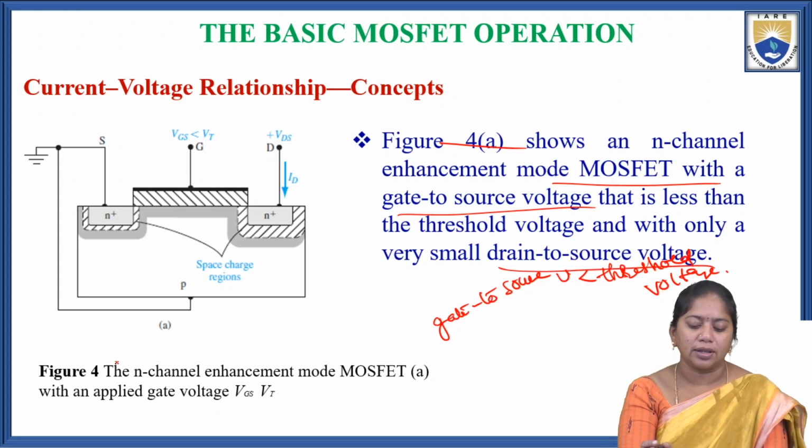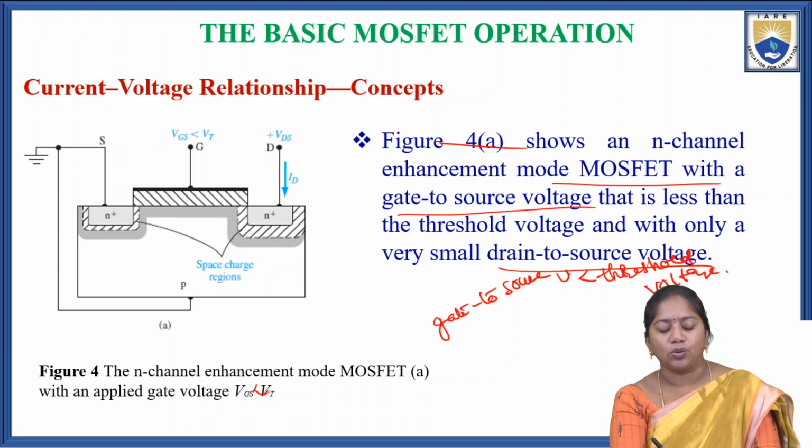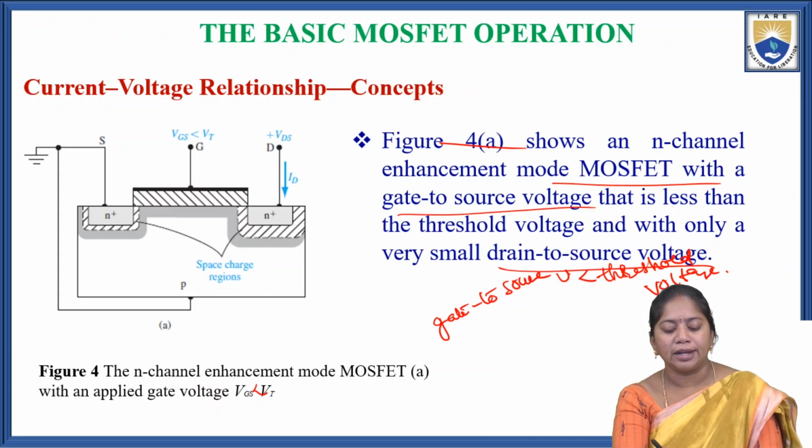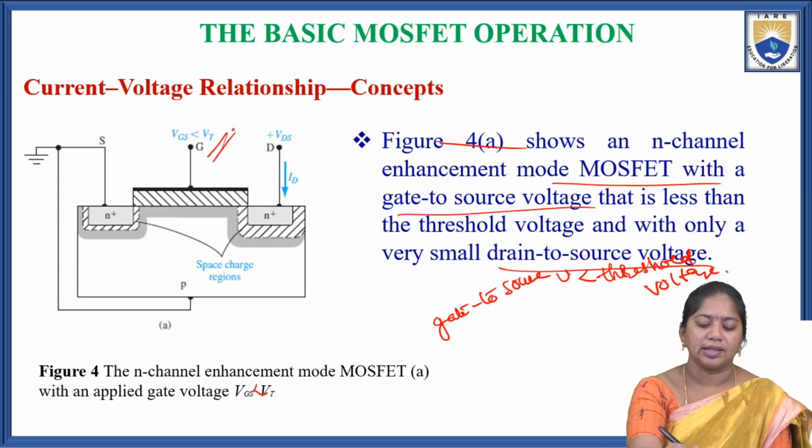Here we are using the gate to source voltage which is less than the threshold voltage. So here VGS is less than VT.